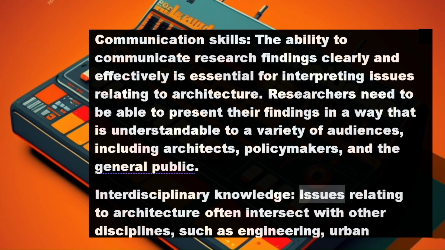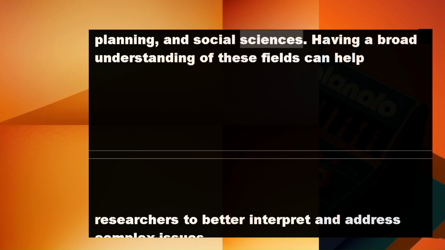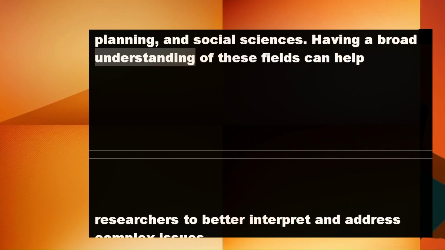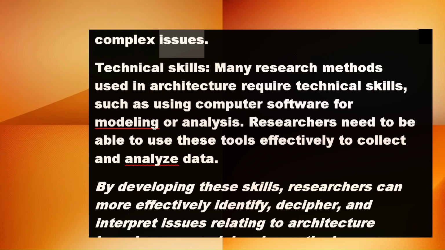Interdisciplinary knowledge. Issues relating to architecture often intersect with other disciplines, such as engineering, urban planning, and social sciences. Having a broad understanding of these fields can help researchers to better interpret and address complex issues. Technical skills.